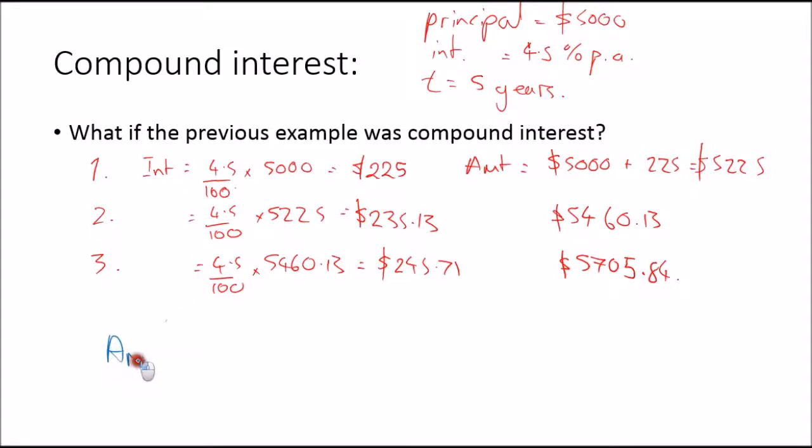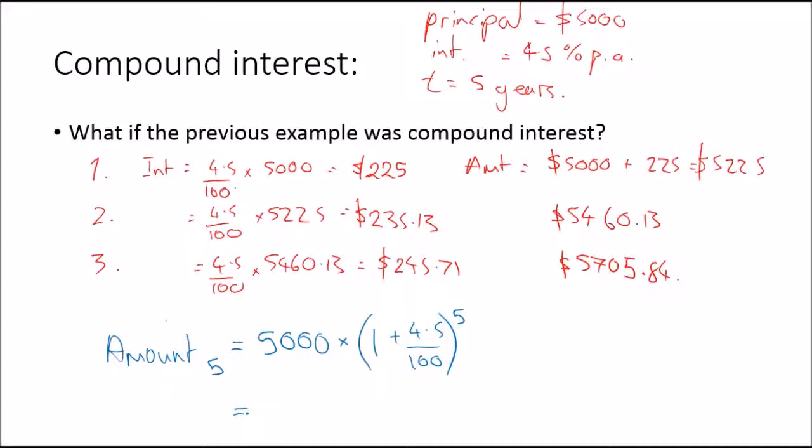So we were asking about after 5 years, so the amount after 5 years equals the principal. In this question it was 5,000 times 1 plus 4.5% over 100, so it's going to be 1.045, like we said, to the power of 5.